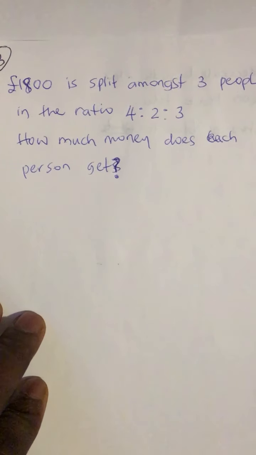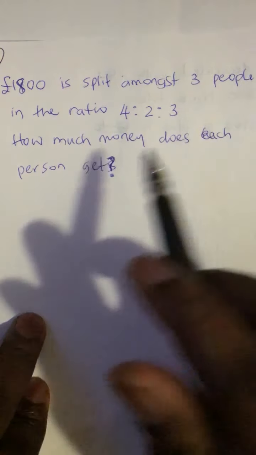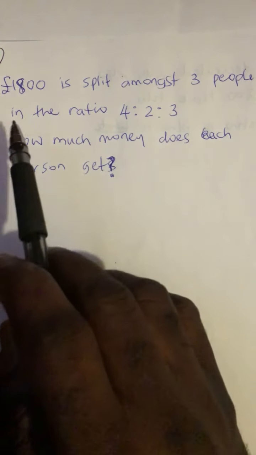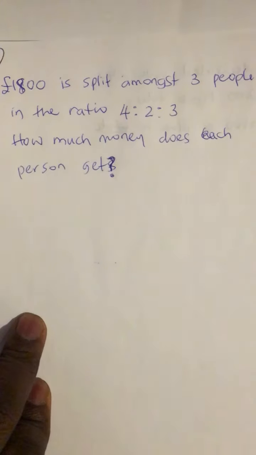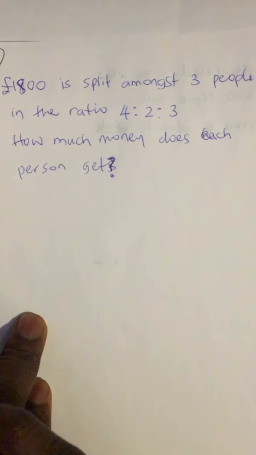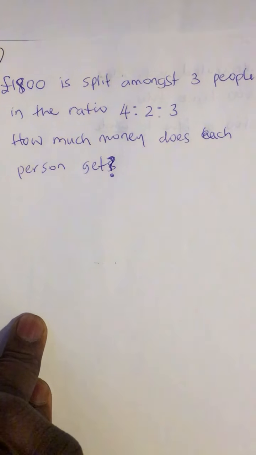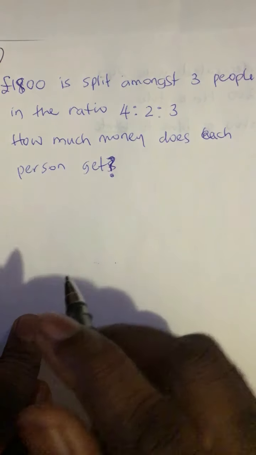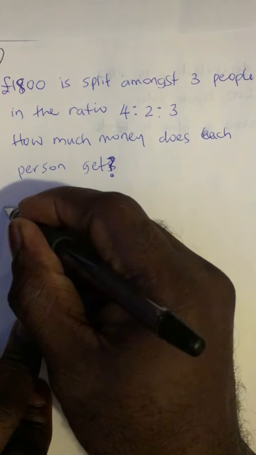So what we're going to calculate now, we have 3 people, £1,800 split among 3 people. So the first thing we work out is how many parts are in the ratio.